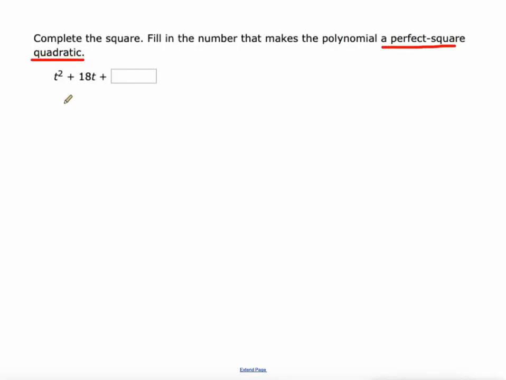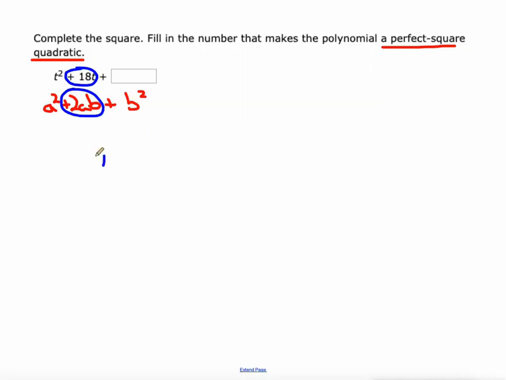If you remember back from our factoring lessons, a perfect square quadratic looks like this: a squared plus 2ab plus b squared. So this third box that we have to fill in here, this third term, is b squared, but we have to know what b is. Here's what we do know. We know that 18t is equivalent to 2ab. So what's b then?